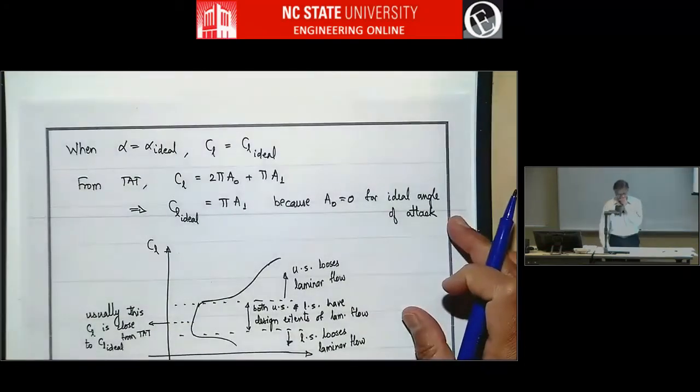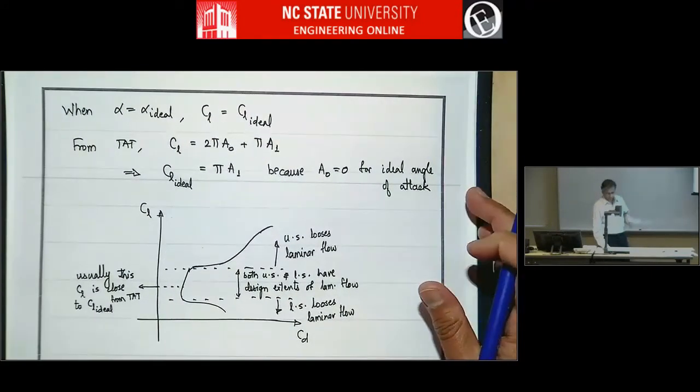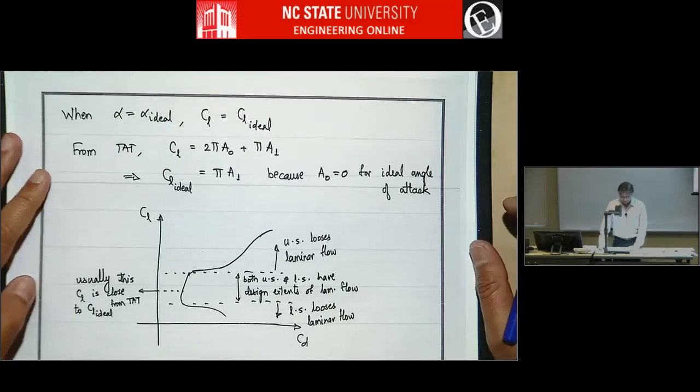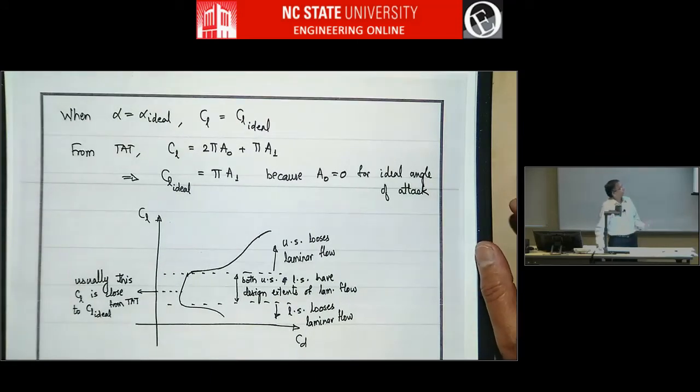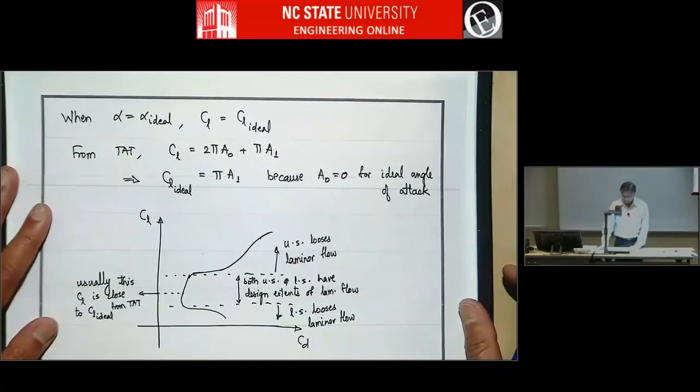So how does all this connect to the drag bucket and all that stuff? When alpha equals alpha ideal, the lift coefficient can be called CL ideal, right? Ideal lift coefficient.